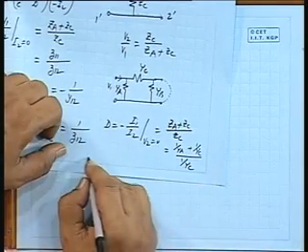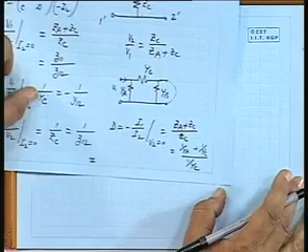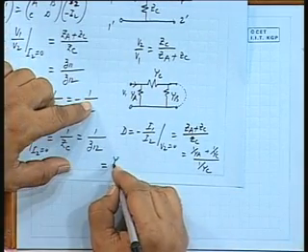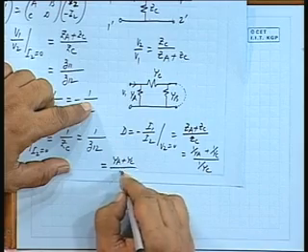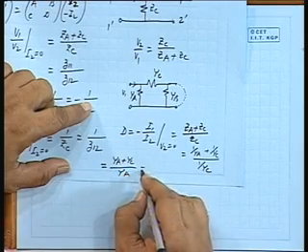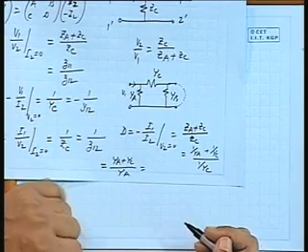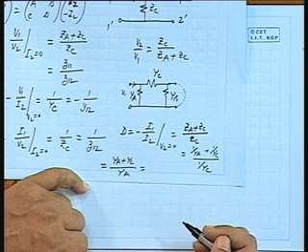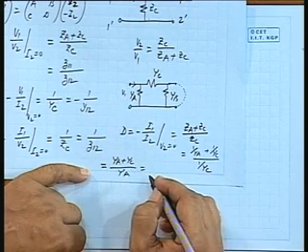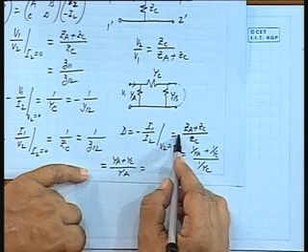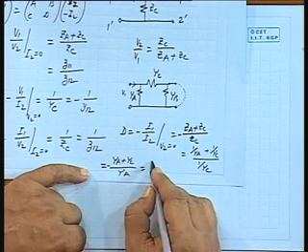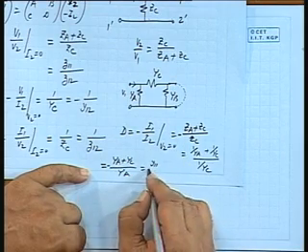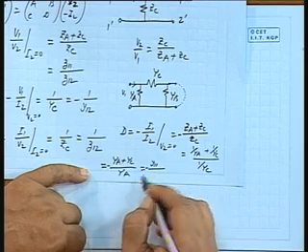So, how much does it come to? YA plus YC by YA. And what is YA plus YC? Y11. Will there be a negative sign? So, there will be a negative sign, and Y11 divided by YA.